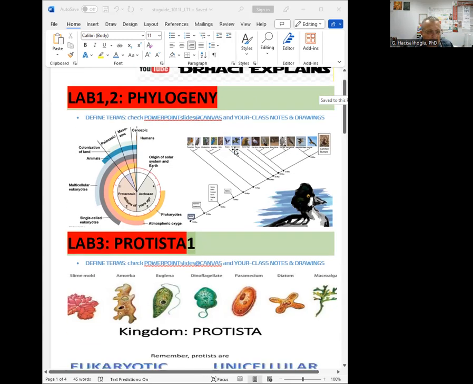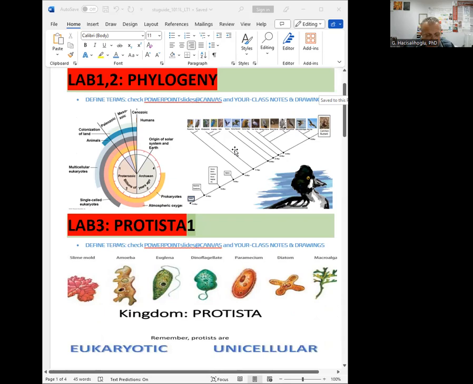This next lab was about starting the kingdom Protista. These are called protists. These are organisms that are unicellular eukaryotes, right? They might have plant, animal, or fungi looking organisms in this.